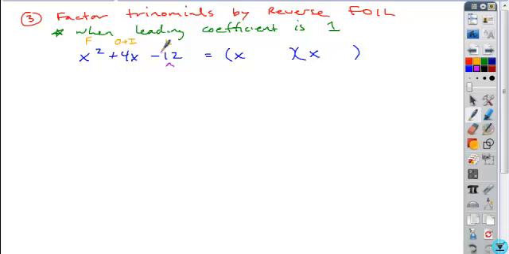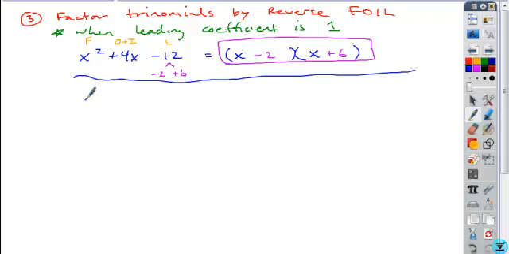The answer would be -2 and +6. So those become the terms of your binomial factors. Again, it doesn't matter which order you write those factors, x minus 2 times x plus 6 or x plus 6 times x minus 2. Either one is fine. But that is the process if your leading coefficient is 1.